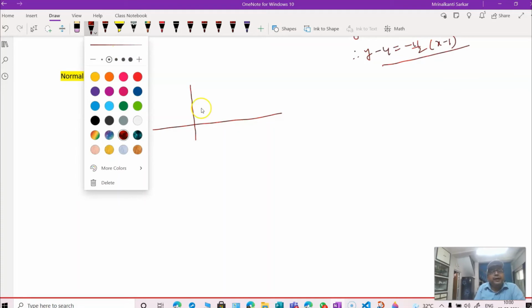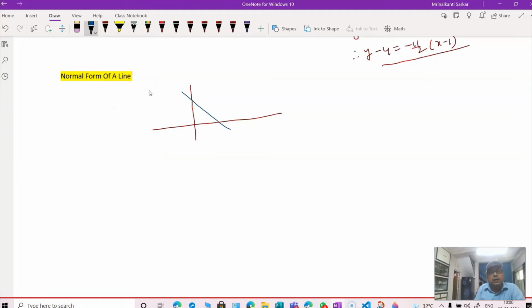We are going to find the equation of this line whose perpendicular distance from origin is P units and this angle is equal to alpha.